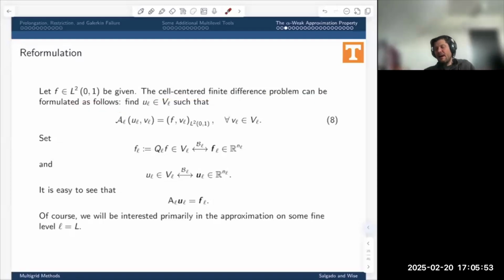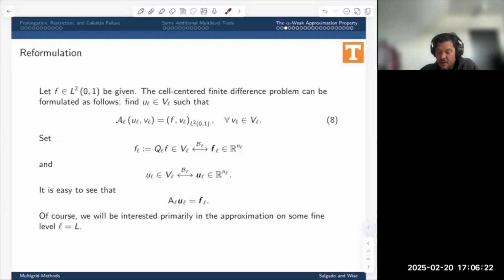Now, I might go back in the chapter and reword this, because it's not exactly the cell-centered finite difference that can be reformulated. It's a slightly different problem. Here's why. I'm going to look for a function u_L that's piecewise constant that satisfies this equation for every v_L test function that's piecewise constant.